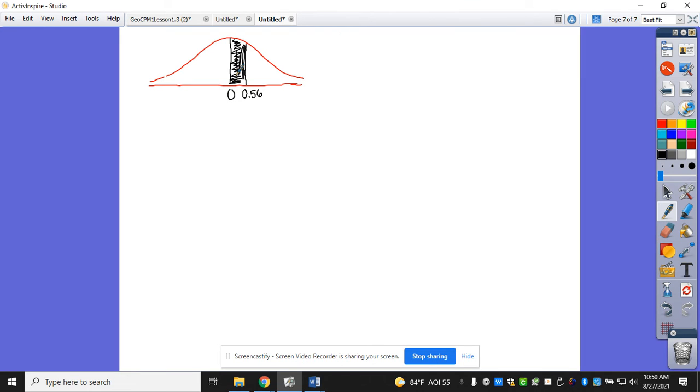Alright, so when z equals 0, what does your chart say the area is? And I will tell you, I always write area in 5 decimals, and I always write z's as 2 decimals, because your sheet always has 2 decimals for z and areas is 5 decimals or 4 decimals.